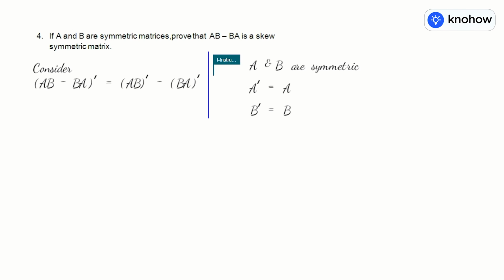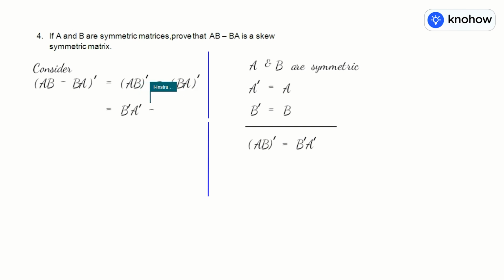And now you know that AB transpose is the product of their transposes but in the reverse order. So here AB dash may be written as B dash A dash, and similarly BA dash will also change the order, and will be minus A dash B dash.